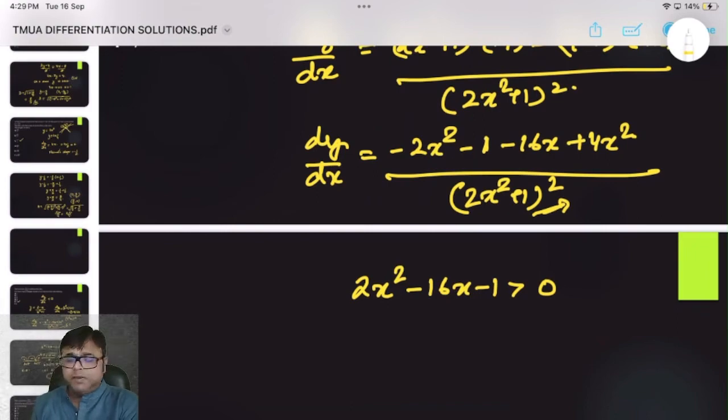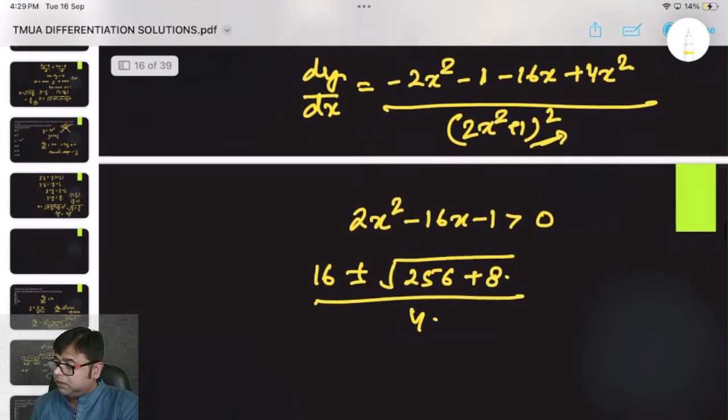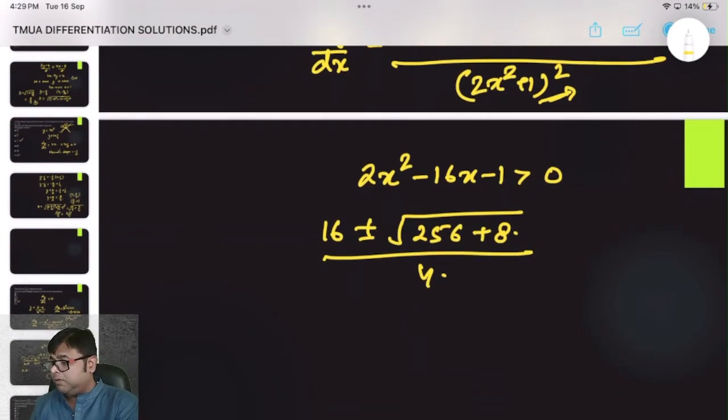So the roots of this will be minus b, which is 16, plus minus under root b square, 256 plus 8, by 4. The roots will be, this is root of 264. 264, if I divide by 4, it will give me 66.